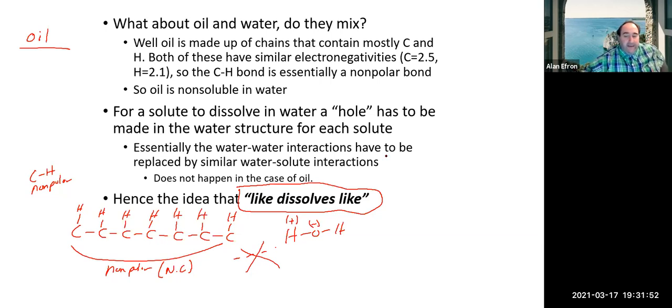So what does that really mean? Well, there are things that are referred to as being polar. If you have something that is polar, and you mix it with something that is polar, it is going to be soluble in each other. If you have something that's ionic and you mix it with something that's polar, it is also going to be soluble in each other.